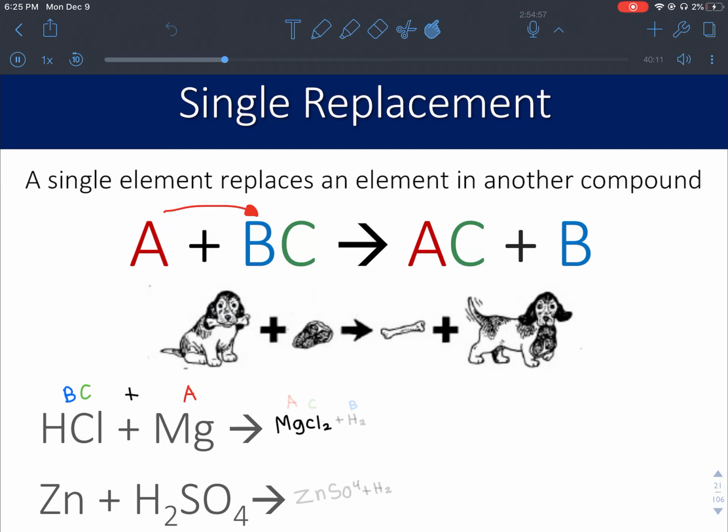Now be careful. We haven't talked about diatomics yet. Here's your first little sneak peek and preview. It's not just H alone, it would have to be H2. The reason for this is hydrogen has one valence electron. How many valence electrons can fit in the full first shell? 2.